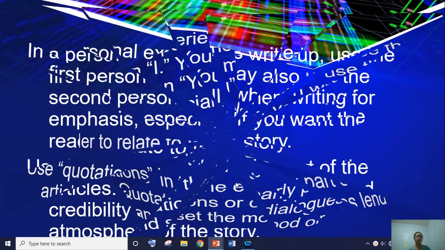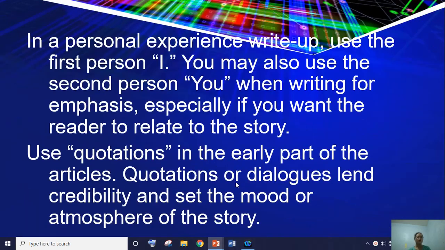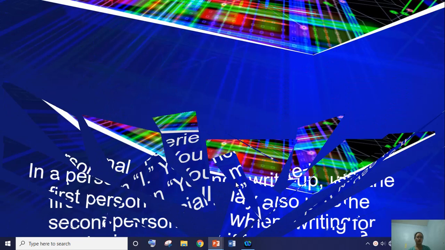So you need to use quotations in the early part of the article. Quotations or dialogues lend credibility and set the mood or atmosphere of the story.